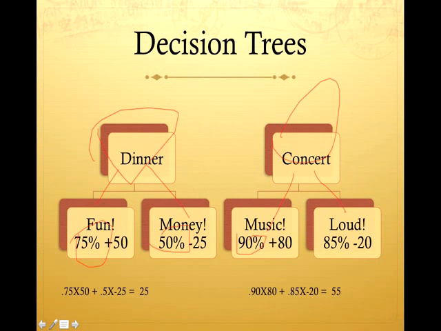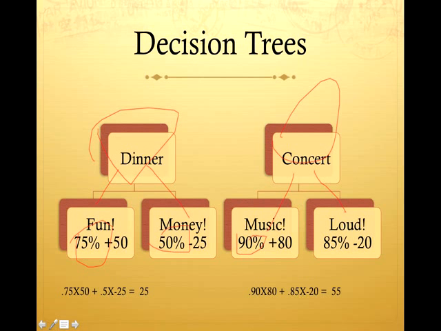And then what seems like sort of random numbers here are the value to me. So having fun is a 50, money is a 25, going to see my favorite band is 80, so it's really positive, like that's a big deal to me, and I can deal with the loud by standing in the back or wearing earplugs, so it's a small negative. All of those multiplied and added up are utility.